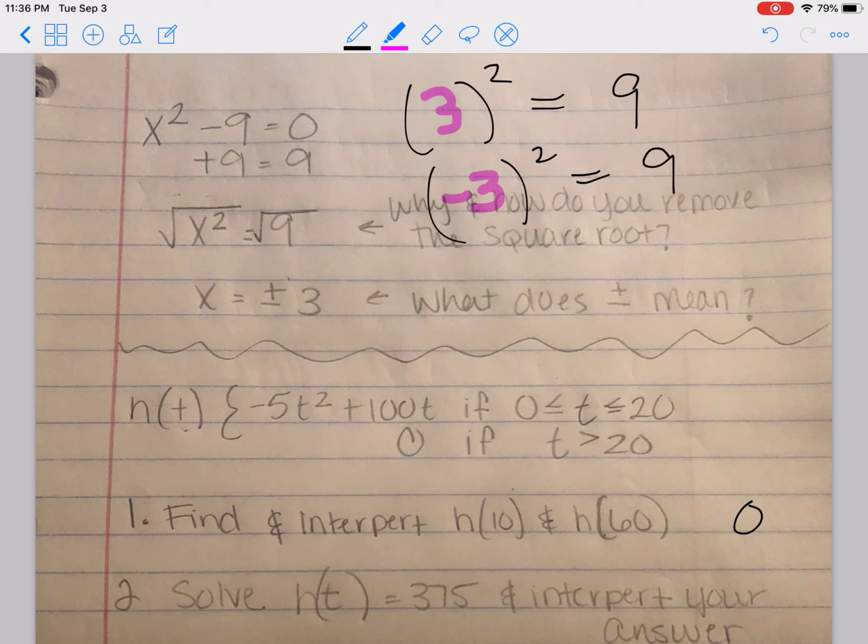So if I'm going in this direction, this squaring has two different inputs that give you the same output. Once again, a positive 3 when you square it gives 9, and also a -3 when you square it gives 9.